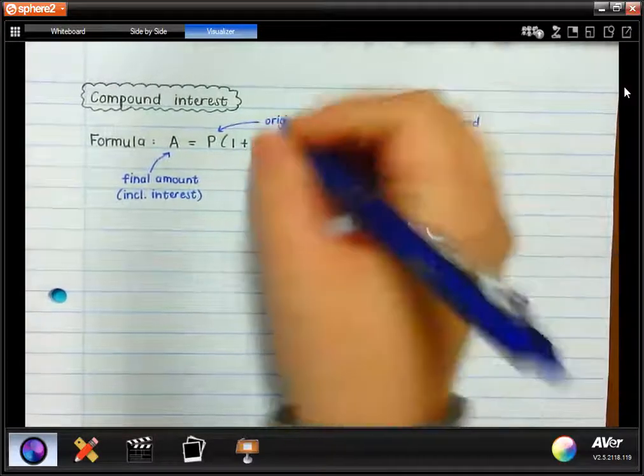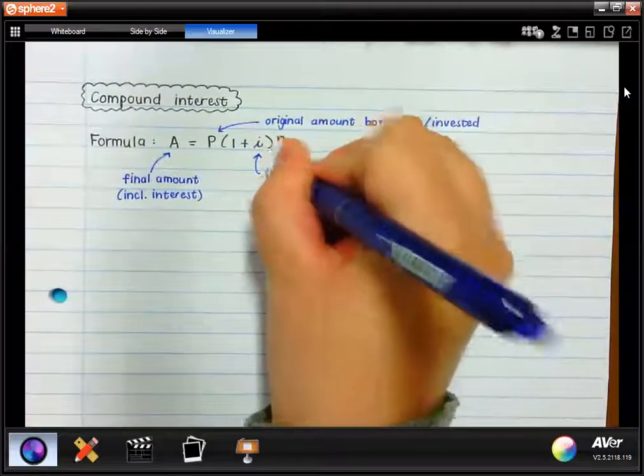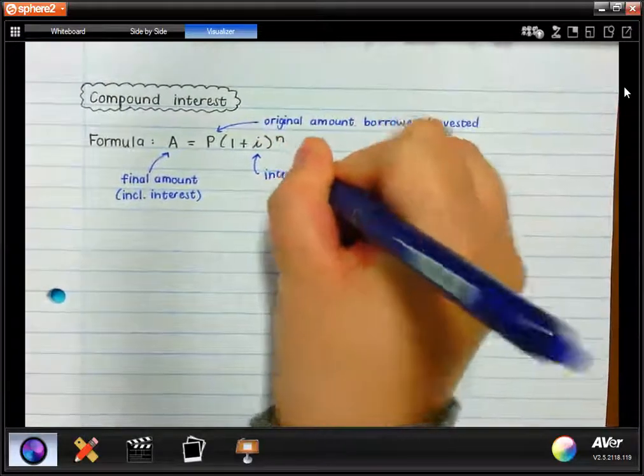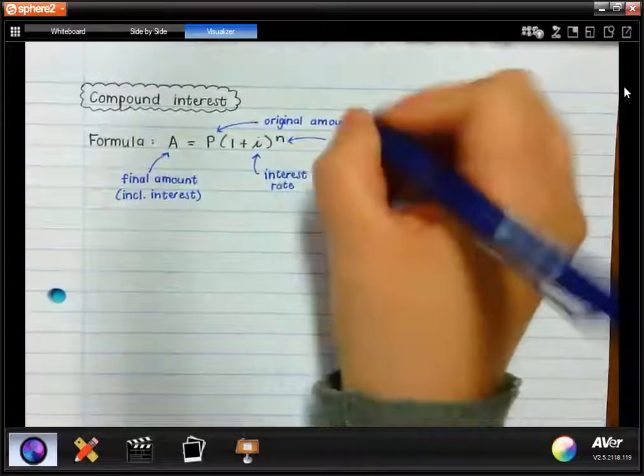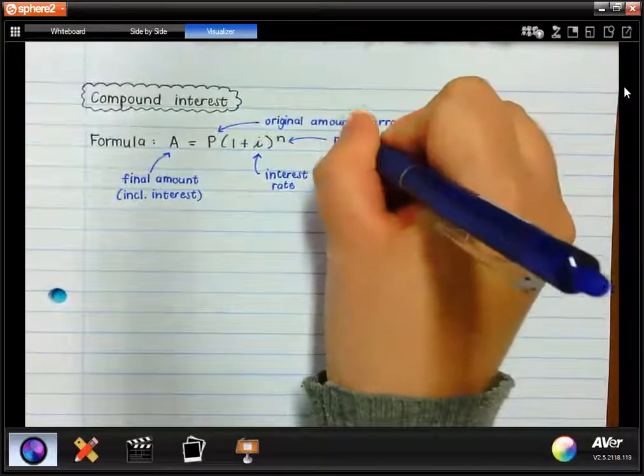I is still the interest rate. And n is still the number of years.